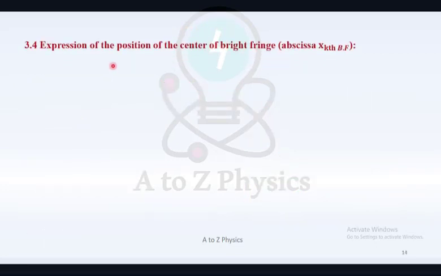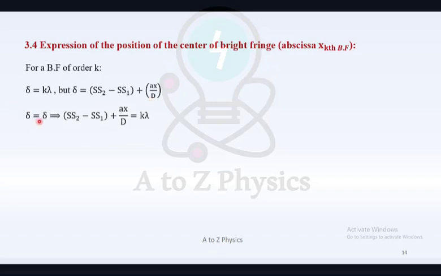In this part, we have to find the expression of the position of the center of a bright fringe. For a bright fringe of order k, delta equals k lambda, but delta equals SS2 minus SS1 plus aX over D. Delta equal to delta implies SS2 minus SS1 plus aX over D equals k lambda.